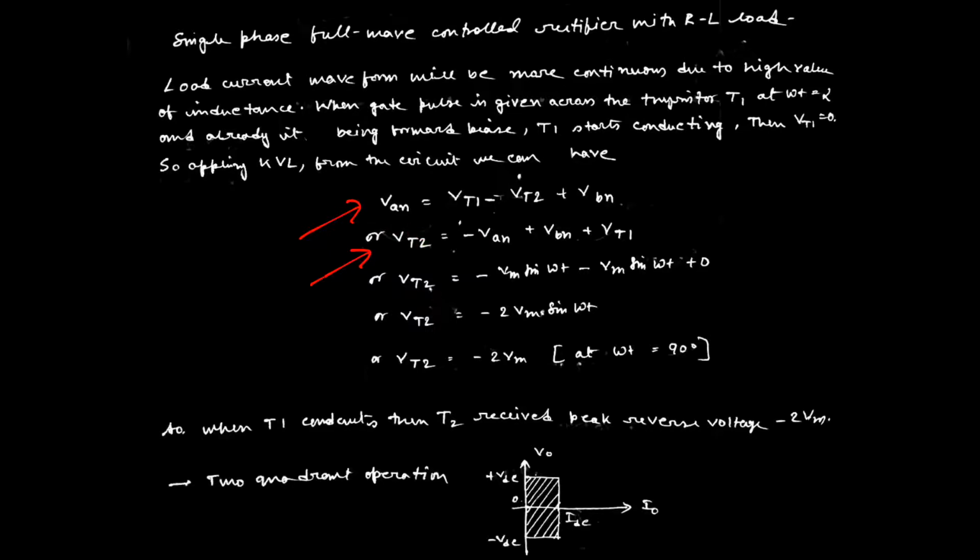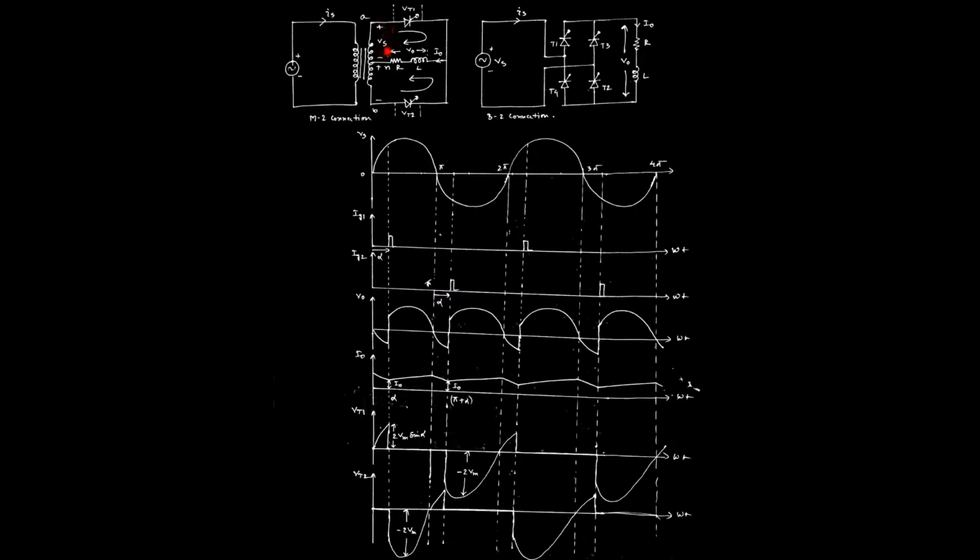That is why we have changed the expression in this way. Now, after simplification, VT2 equals minus Vm sin omega t plus 0. Why? Because during the positive half cycle, the voltage across VAN equals Vm sin omega t, and the lower part is again Vm sin omega t.